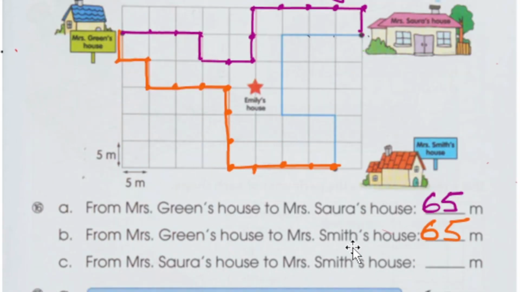Now we have to find the third route. So from Mrs. Sora's house to Mrs. Smith's house. So this is Mrs. Sora's house. So Mrs. Sora's house to Mrs. Smith's house.